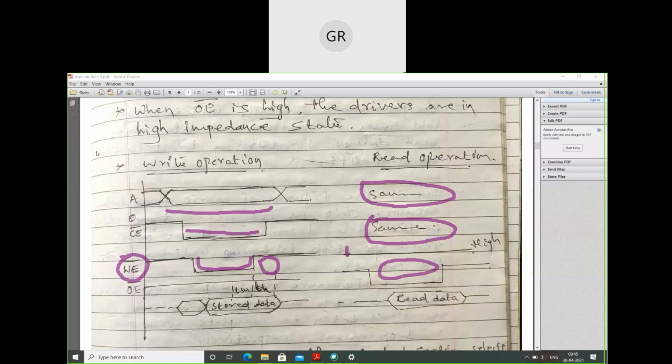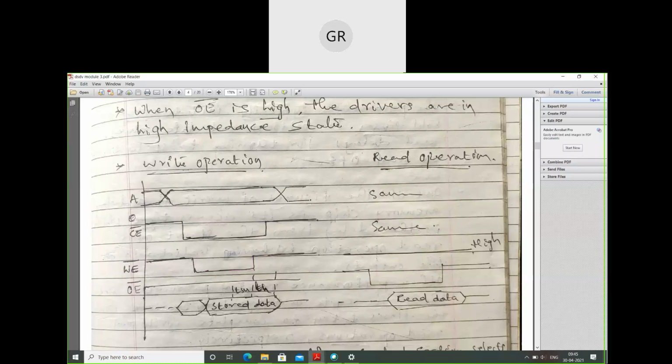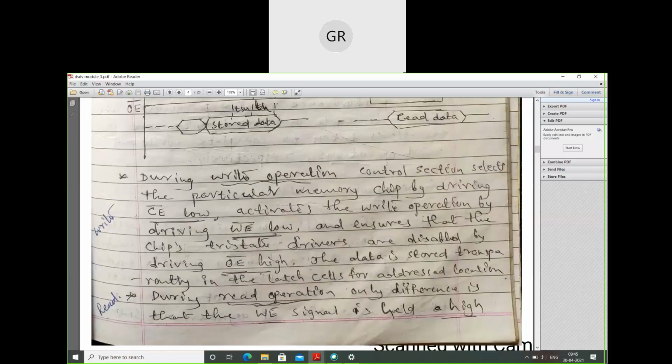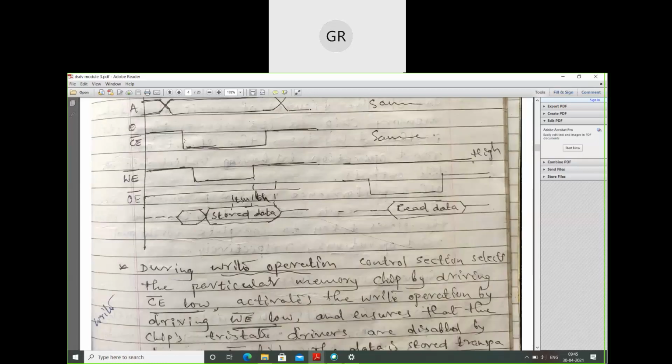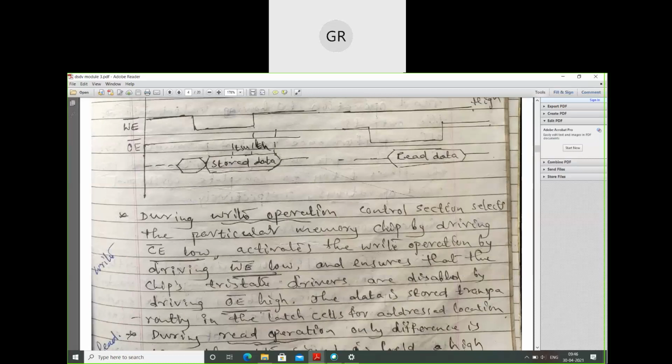We have to go through this block diagram. During the write operation, the control section selects the particular memory chip by driving C bar low. C bar is low here. Then it activates the write operation by driving WE bar low.